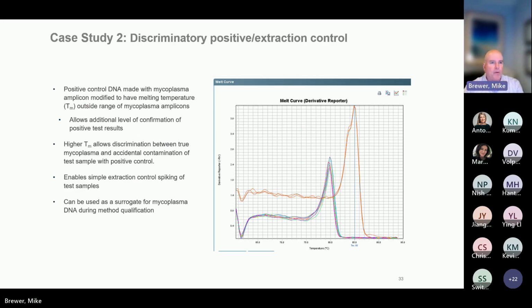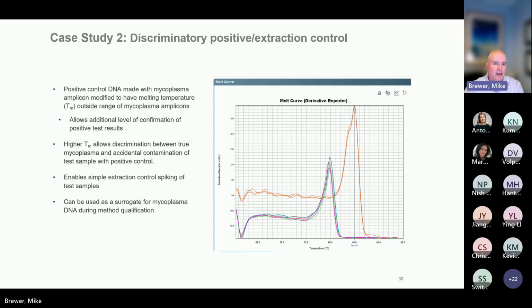I also want to cover an important feature of the assay, and this was actually developed due to some lessons I learned early in my career in implementation of highly sensitive qPCR assays. So one thing I found is if you accidentally contaminated your test reaction with control, it could lead to a false positive result or an invalid result.